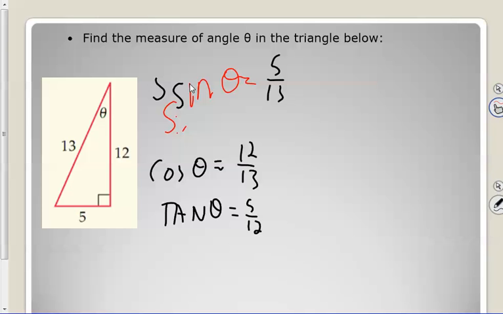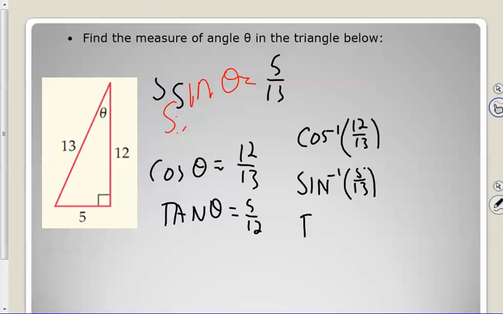But the problem is how do I get the angle? Well, what you want to do is the arc cosine of 12 over 13, or the arc sine of 5 over 13, or the arc tangent, which would be 5 over 12.